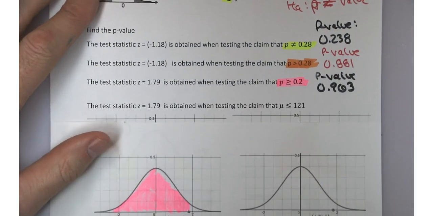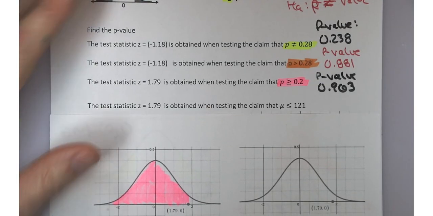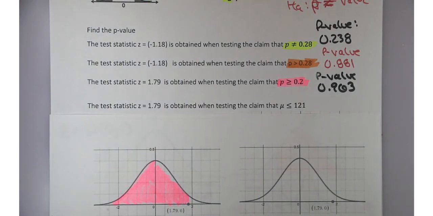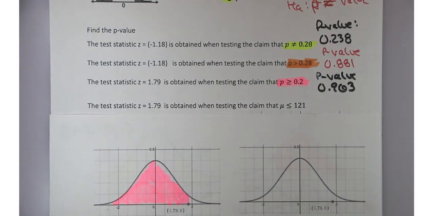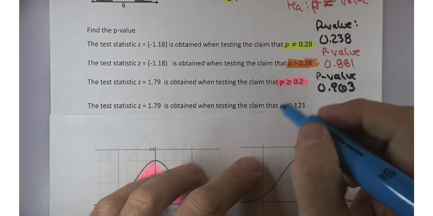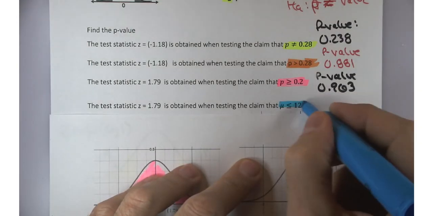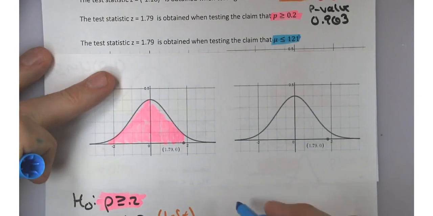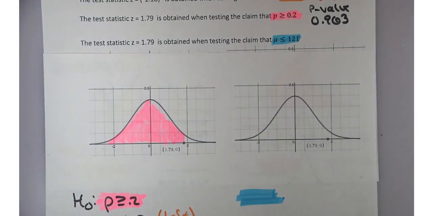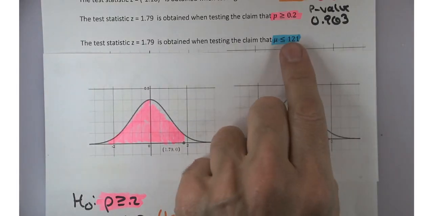Now we're going to stick with that a little bit. We got a different hypothesis test here. Let's take a look at this last one. Haven't quite run out of different colors yet, so I'll put this one in blue. Let's do this one together.